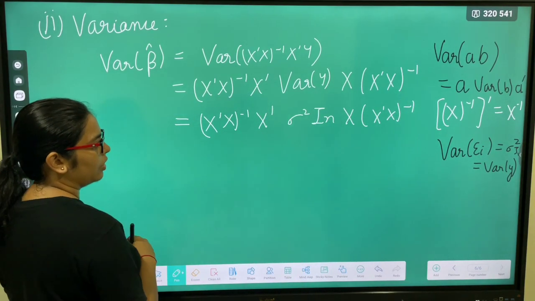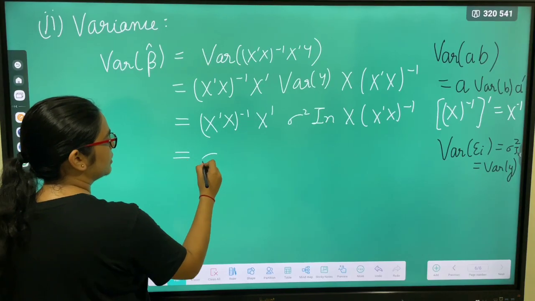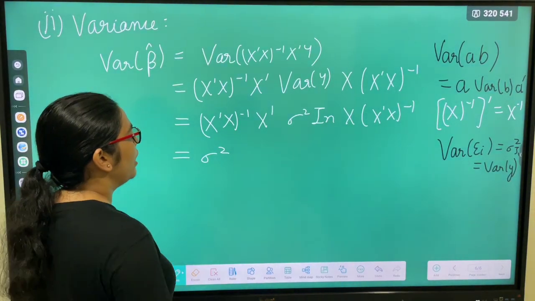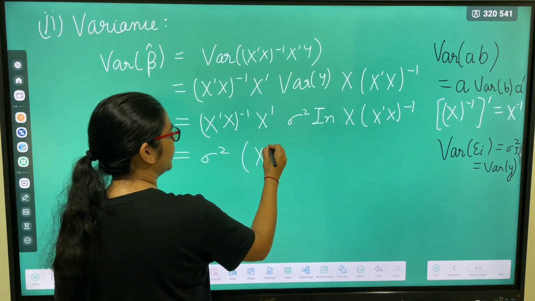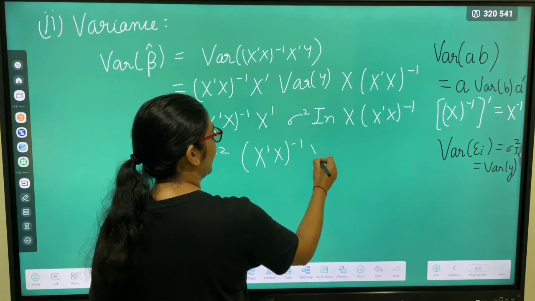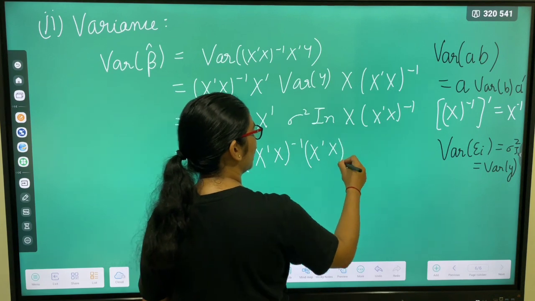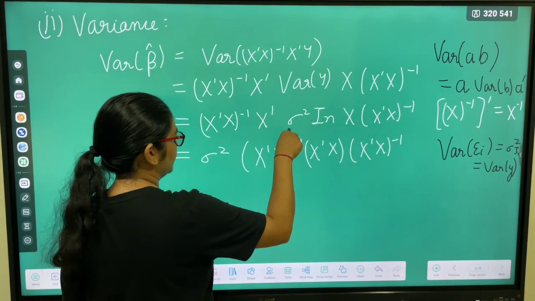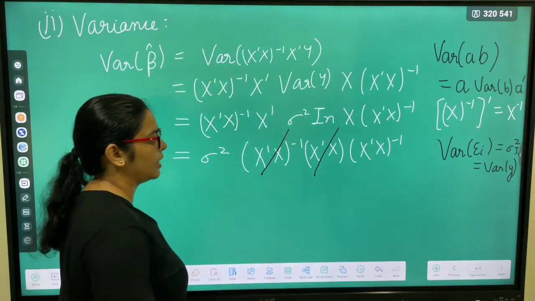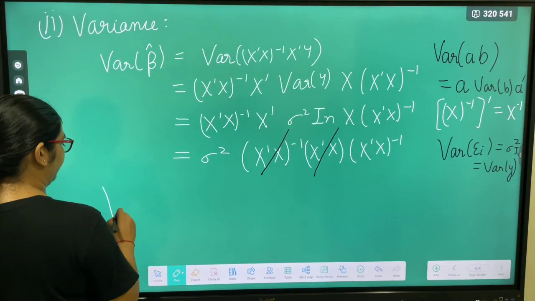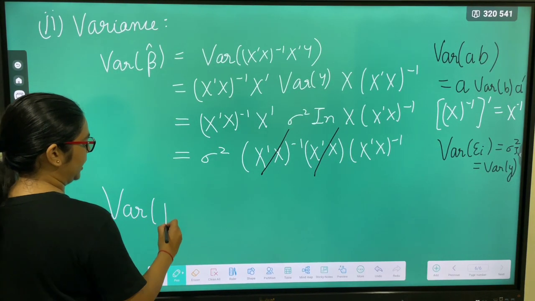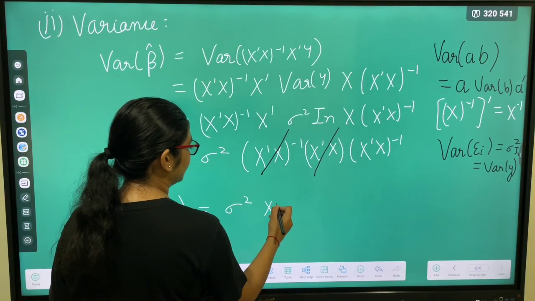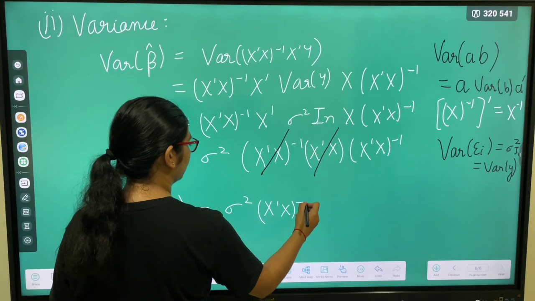Taking the common term outside, sigma square I n is nothing but a multiplication of the identity matrix, so it will dissolve in this. We are left with x dash x inverse x dash x x dash x inverse. One x dash x inverse and one x dash x get cancelled, and we are left with variance of beta cap equal to sigma square x dash x inverse.